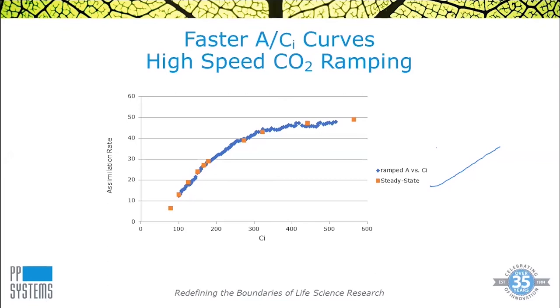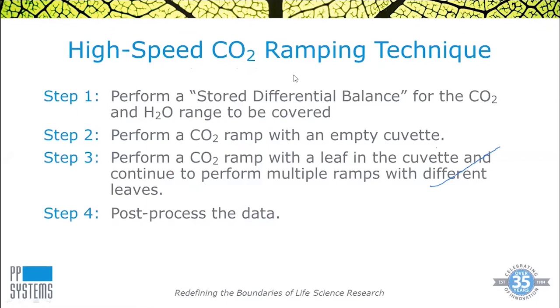So how do we do high-speed CO2 ramping? It's really 4 very simple steps, and I'll explain each step in a little more detail in a moment. Step 1 is to perform what's called a stored differential balance function for the CO2 and water range to be covered by the measurements.